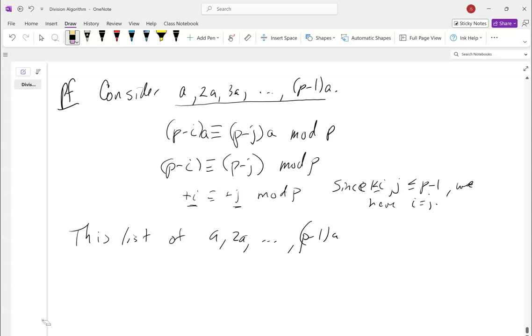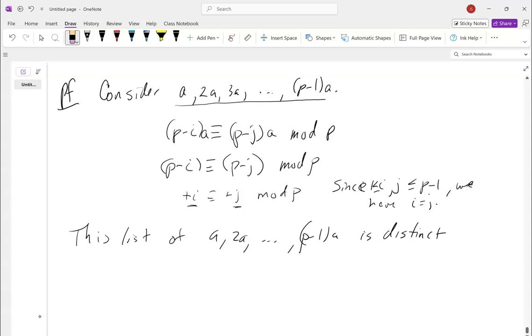Well, each of these numbers, when I reduce it mod p, certainly can't be 0, right? a is not divisible by p, and 1, 2, 3, and so on up the line is not divisible by p until we get to p, right? So this list is distinct.